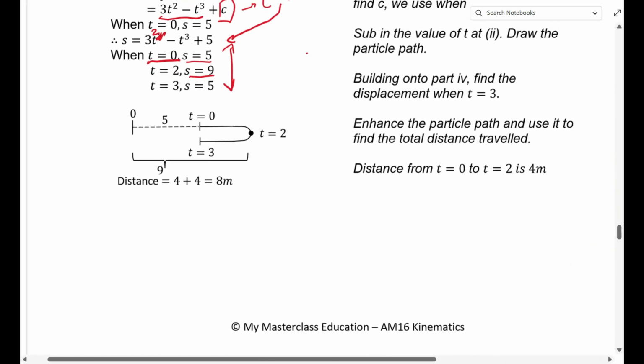Then afterwards, you'll be able to map out the path that your particle took.